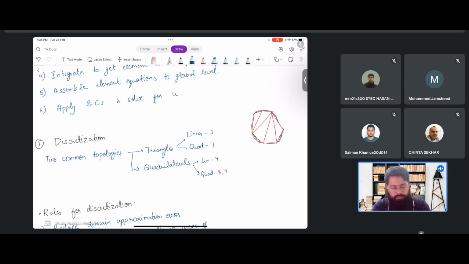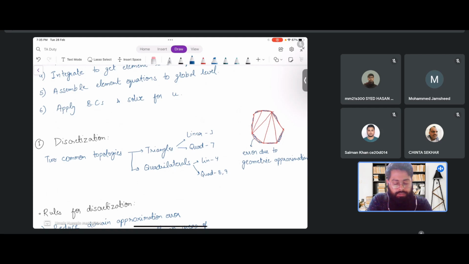So this is known as error due to geometric approximation. Alright, so that's how we can do it using triangular elements.